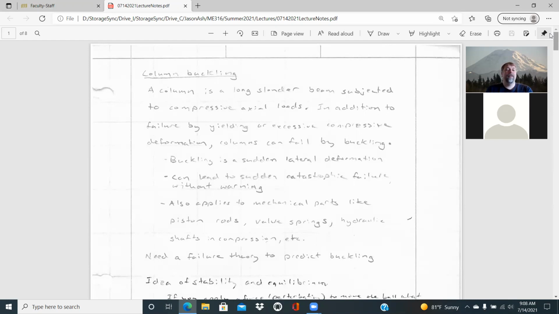What it's holding up is no longer being supported, and so gravity is going to take over at that point, or whatever loading is being placed on it. That's the critical nature of designing columns and compressive members: that sudden catastrophic failure.